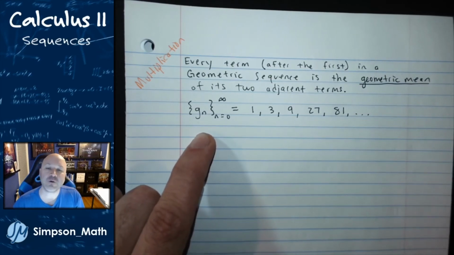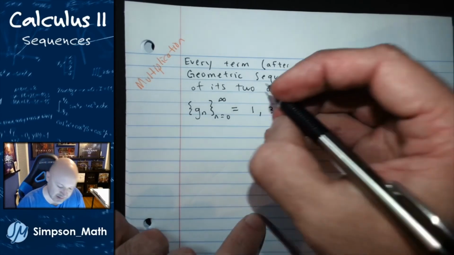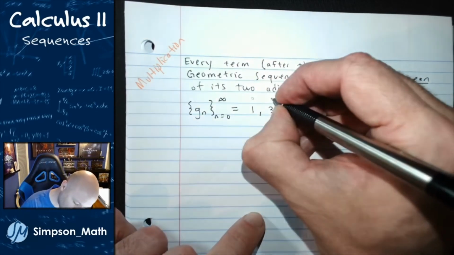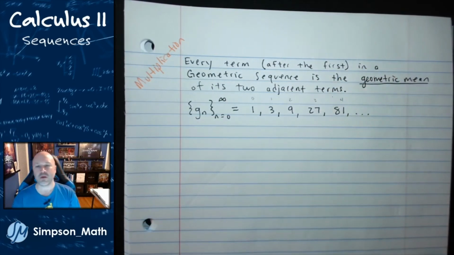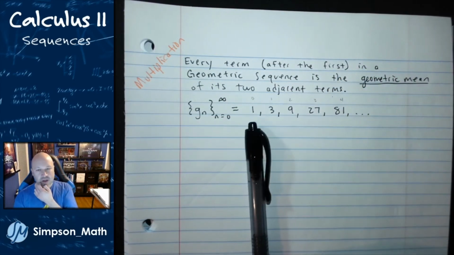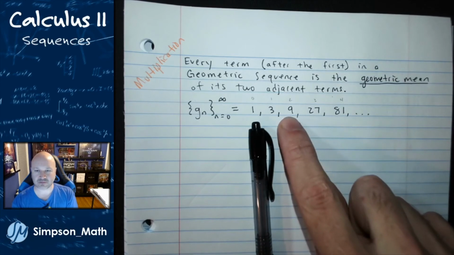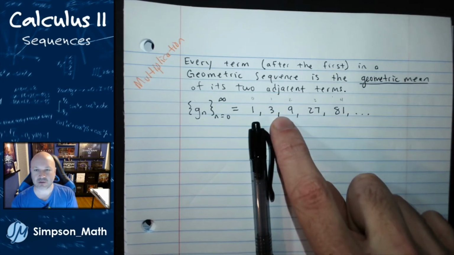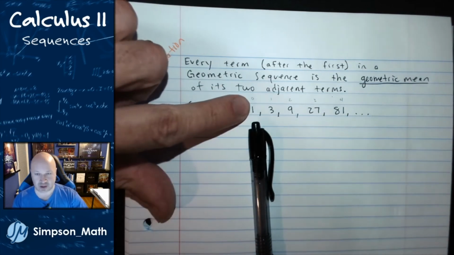To come up with a closed form, it may help to talk about the indices. Now the indices start here at 0, 1, 2, 3, 4. So it looks like I could maybe do 3 times 0 plus 3. No. 3 times n? 3 times 0 is 1?